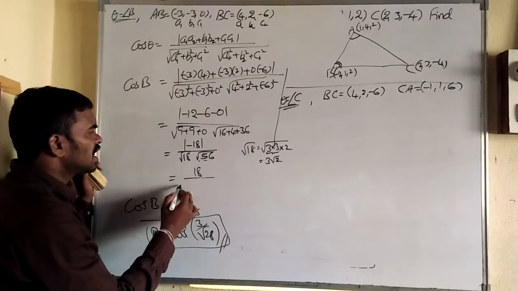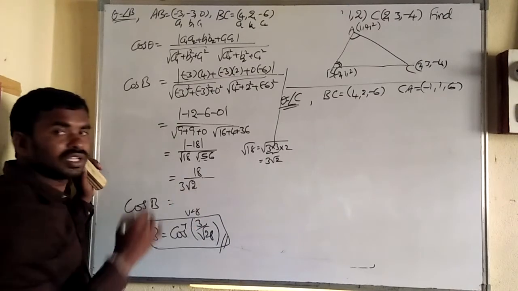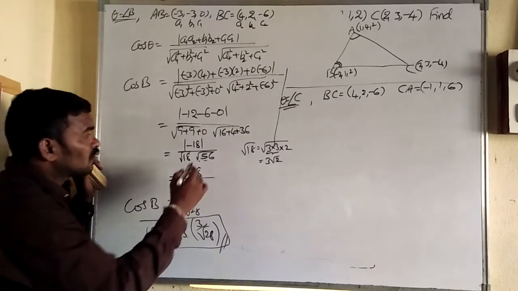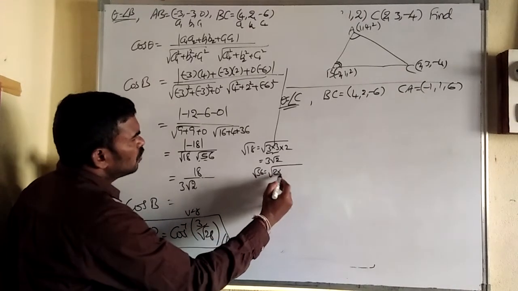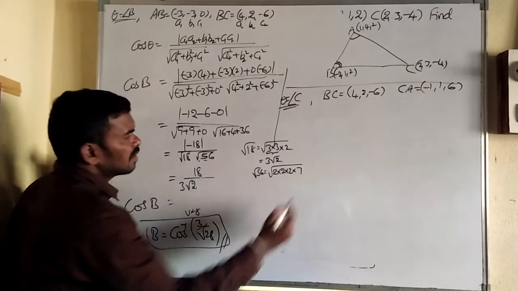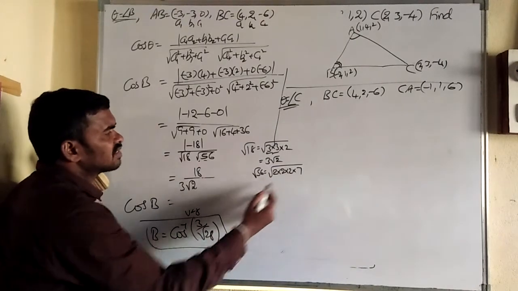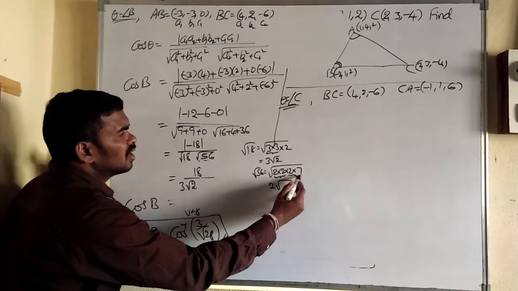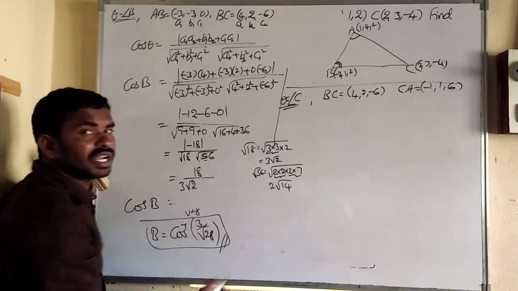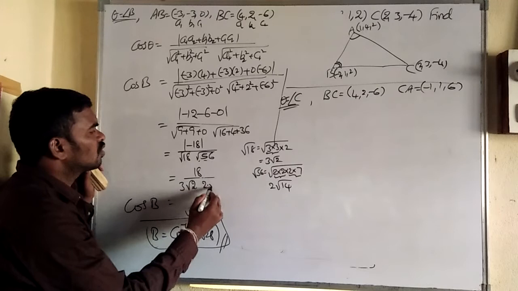So instead of root 18 we can write 3 root 2. Clear? Next, root 56 is root of 2 into 2 into 2 into 7. Am I right? 2 times 2 is 4, times 2 is 8, times 7 is 56. For the two 2's, one we can write outside; for the remaining 2 into 7, 14 can be written inside the root. So 2 root 14.